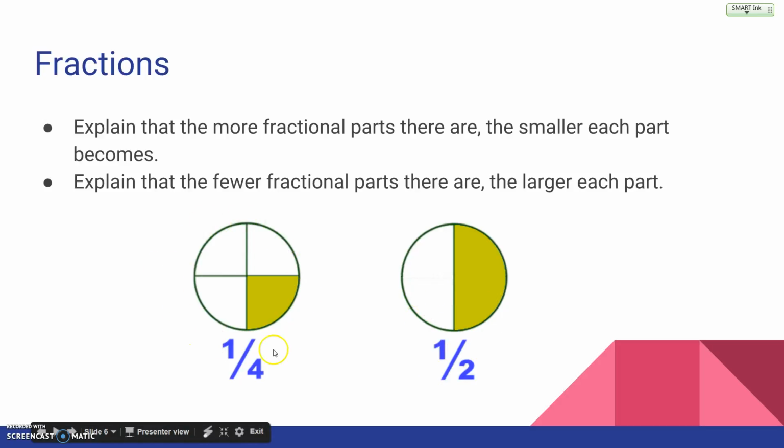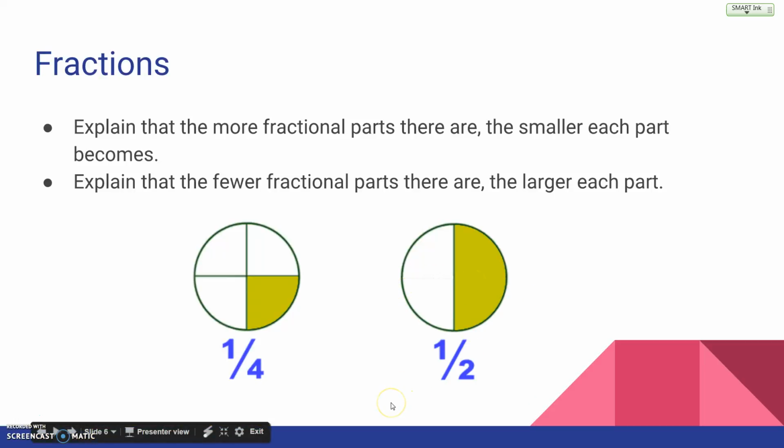Here we took the same size circle, but we divided it into 4 equal pieces. And so it takes a while for some of them to understand that if I divide it into 4 pieces, there's more pieces and the pieces each get smaller. When I divide it into only 2 pieces for the same size circle, the pieces are much bigger.